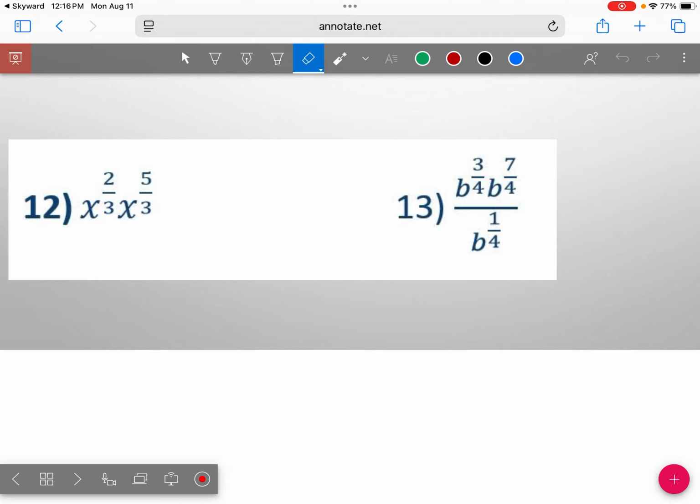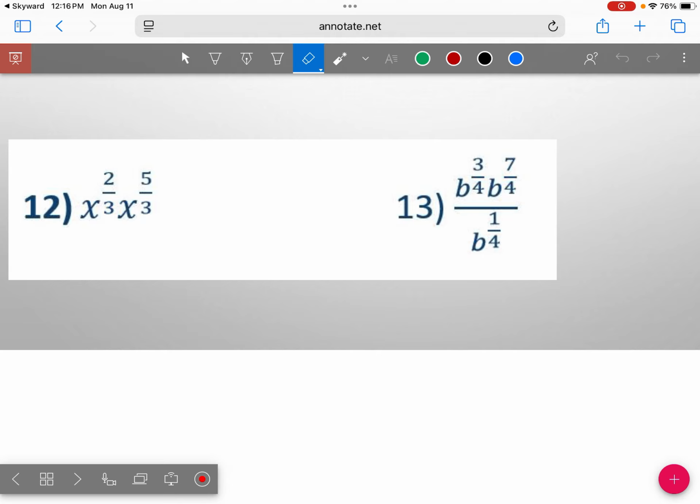You have to remember your exponent laws to do this one. When do you add them? When do you multiply them? When do you subtract them? So for number 12, what am I going to do with my exponents? Do I add them or subtract them or multiply them?